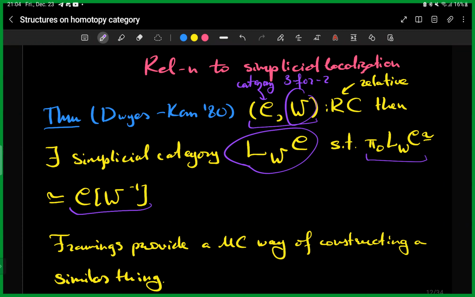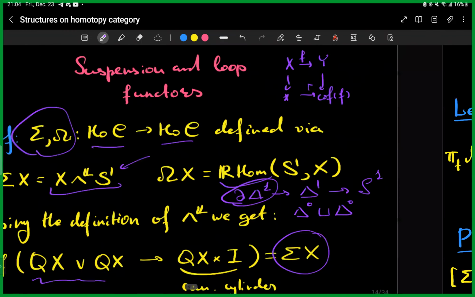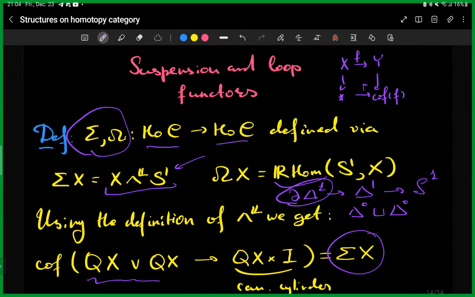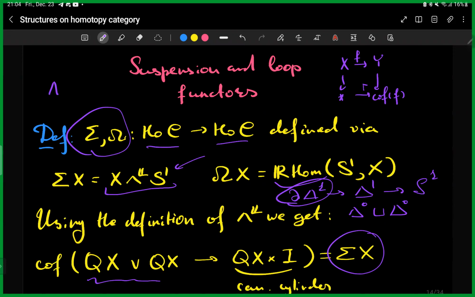Maybe another way to better understand what is happening is the following formula for the plain smash product between a cosimplicial object and a simplicial set: if we apply the functor which adds a disjoint base point to the simplicial set, then the smash of this simplicial set with this cosimplicial object will be just the usual tensor product with this simplicial set.